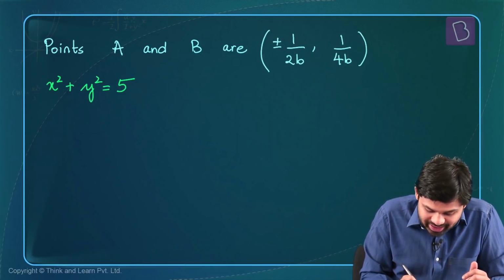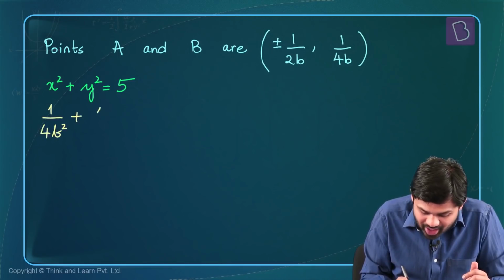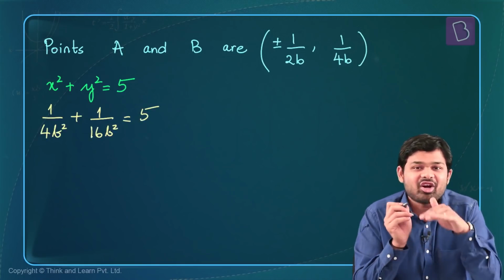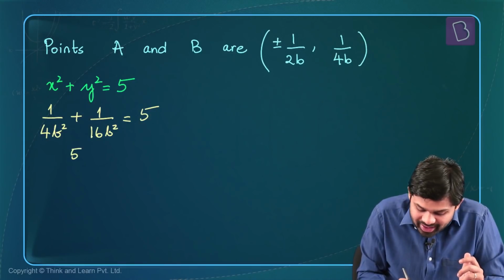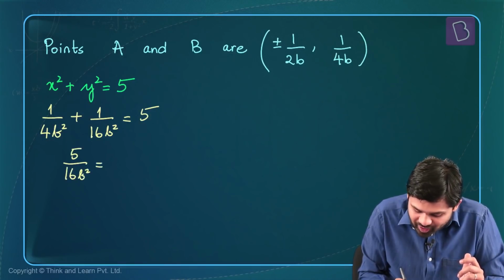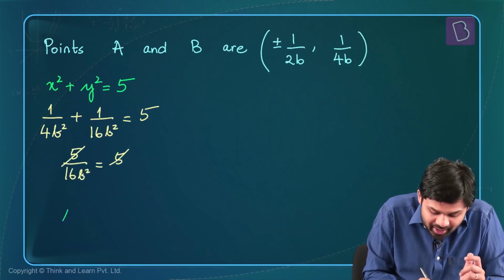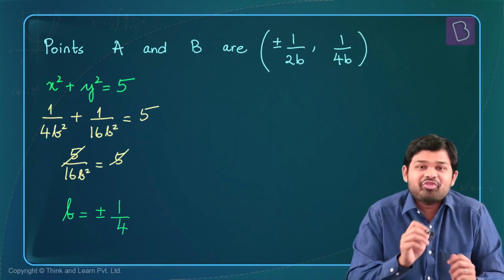So upon substituting that, I get 1 over 4b square plus 1 over 16b square equal to 5. Take a common denominator of 16b square and I get 5 over 16b square equal to 5. The 5's cancel, and what am I left with? I am left with b equal to plus or minus 1 over 4.